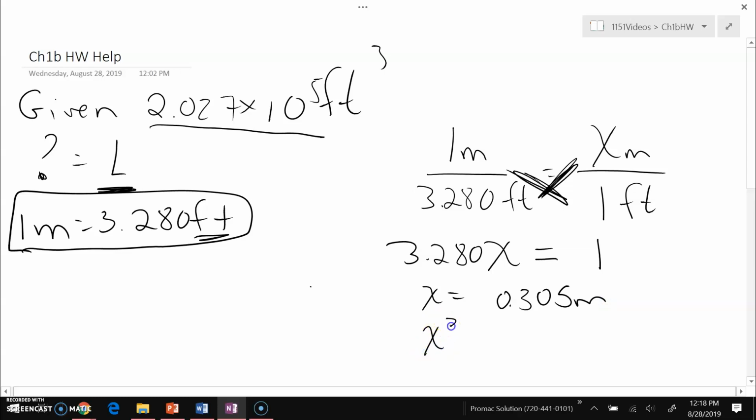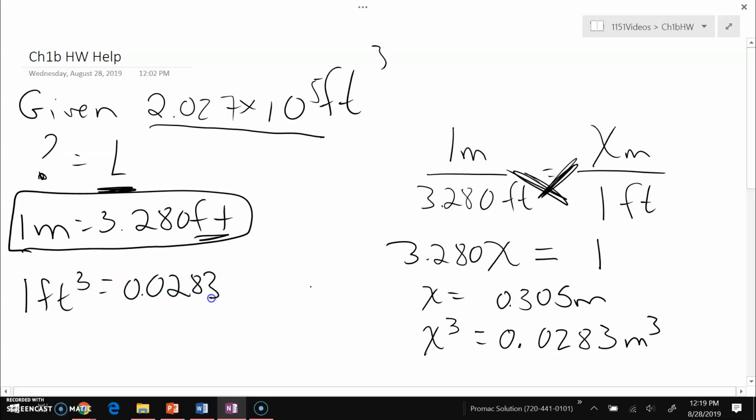And therefore x cubed, if you want a cubed unit, you have to cube the number, is 0.0283 meters cubed. Okay, so I have a new given here: 1 foot cubed equals 0.0283 meters cubed.